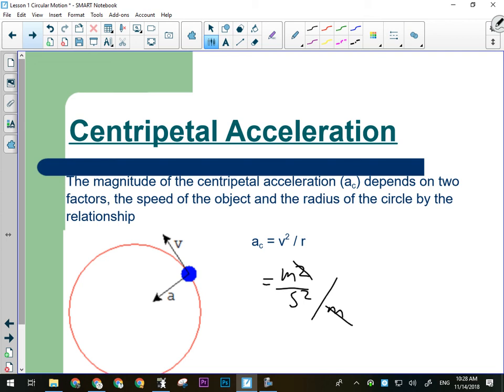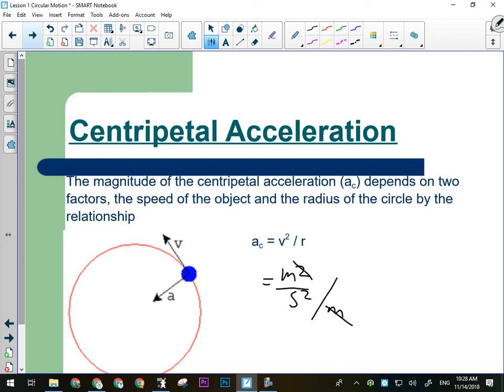Now, there's lots of real world situations where centripetal acceleration is important. Many of them involve driving, especially around corners. If you're just taking a corner in town, what keeps you from sliding out? Friction. Friction can actually act as a centripetal force.